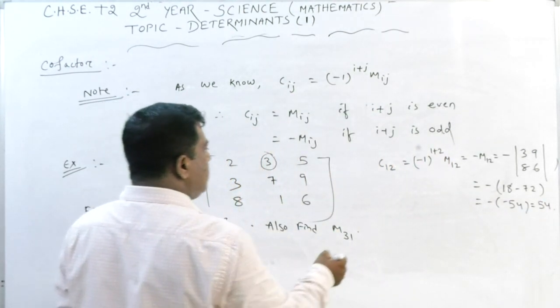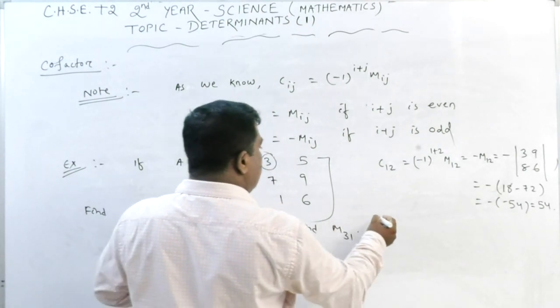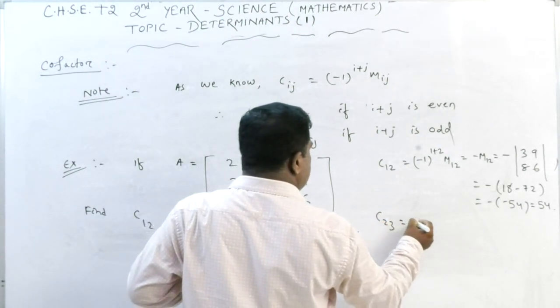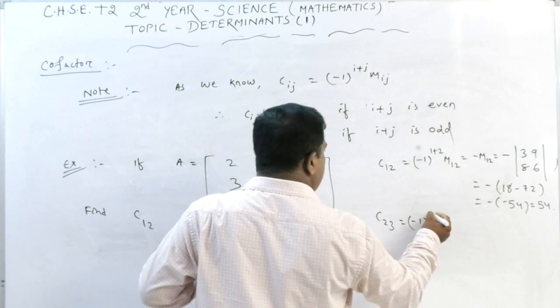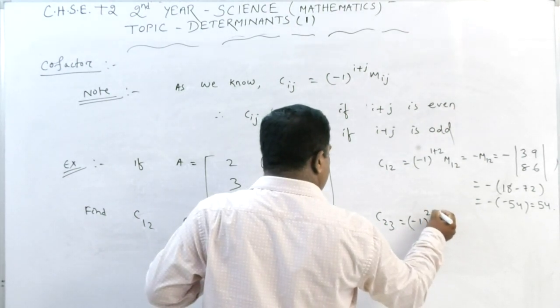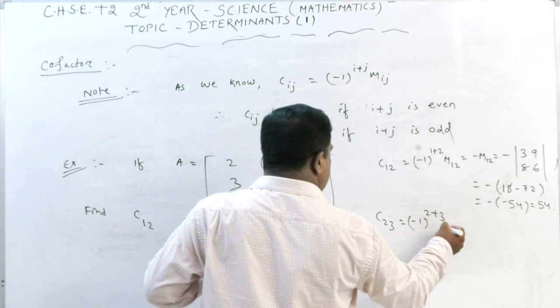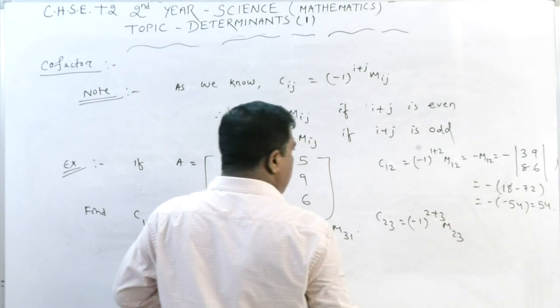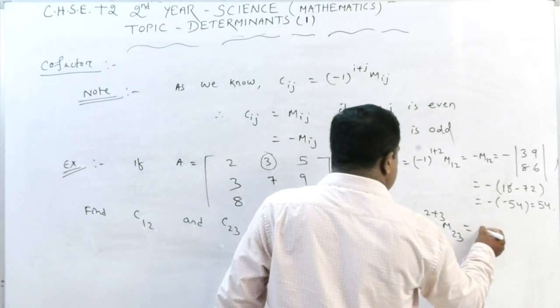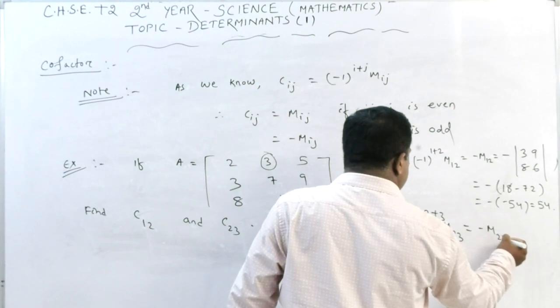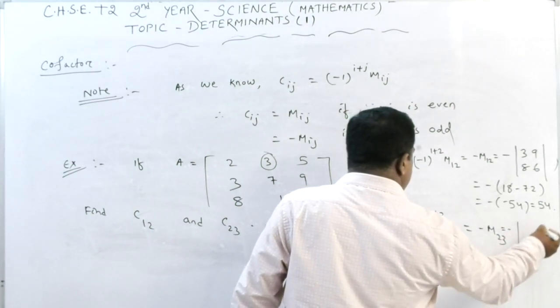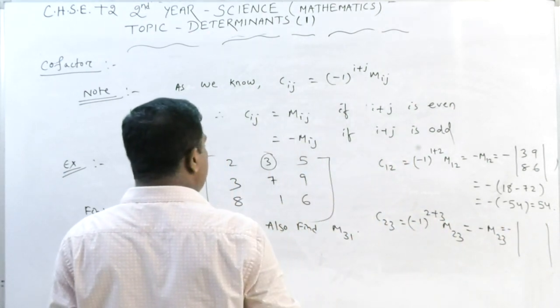Now can we find C23? It is minus 1 to the power 2 plus 3 times M23, so again it is minus of M23, second row, third column.